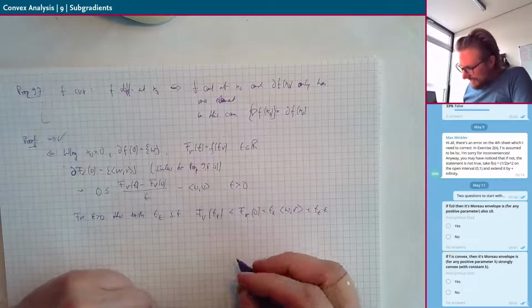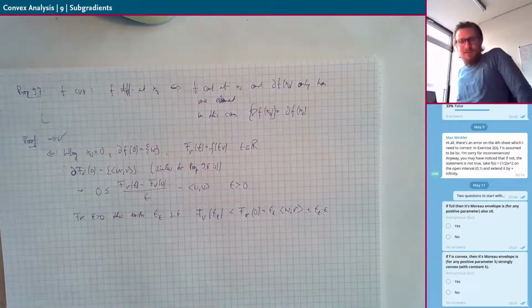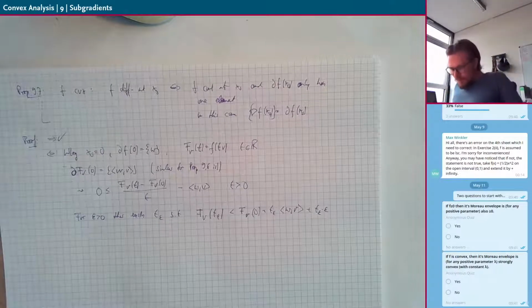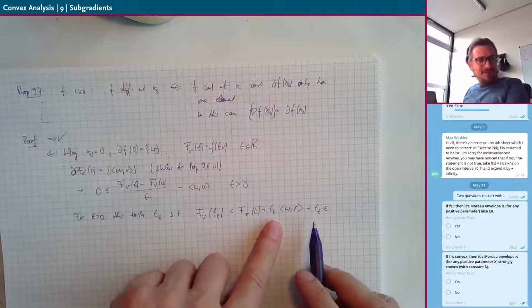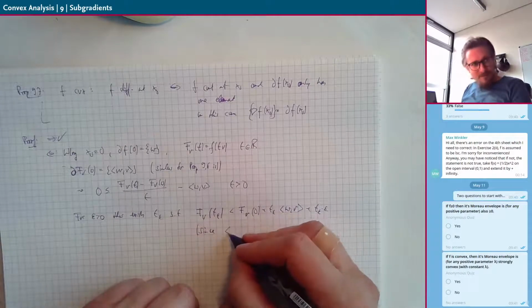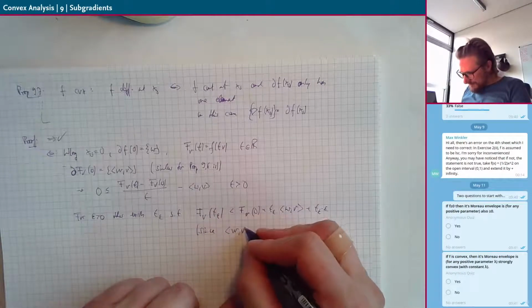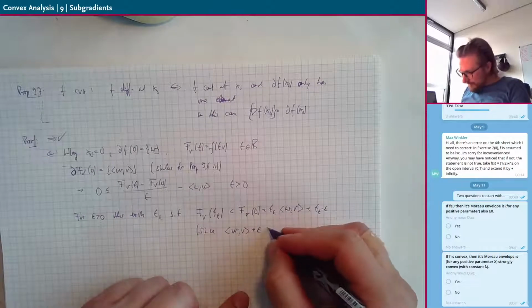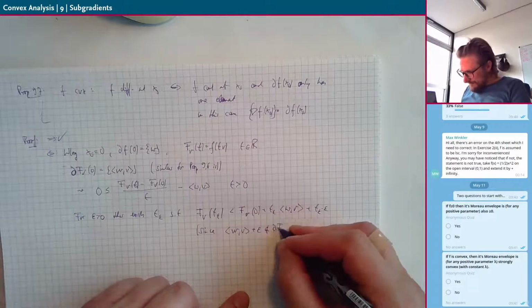And why is that? At some point we have to use that the subdifferential only has one element, and what this means is that this is true since the value w times v plus epsilon is not a subgradient of F_v at 0.